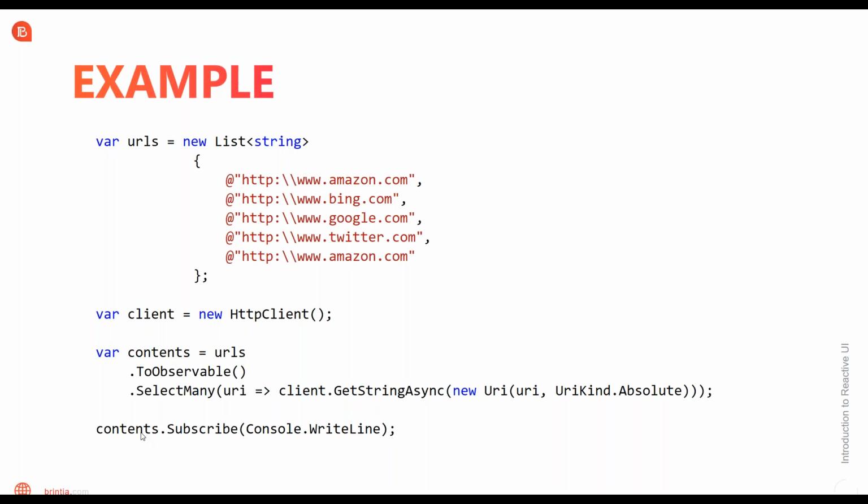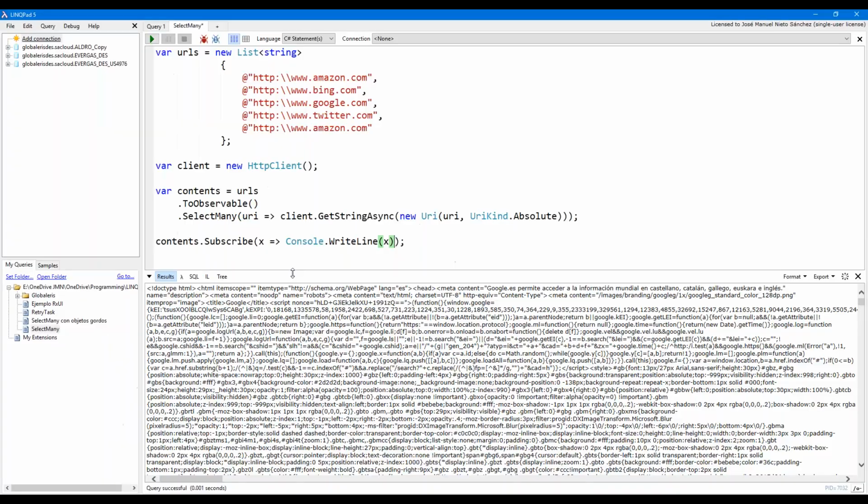Once we have the contents of the observable, each element will be pushed, and this subscription here will receive every element that will be pushed through the pipeline, through the observable. When I say pipeline, I'm saying the same as the sequence. They are the same concepts. But well, we will see it in action right now.